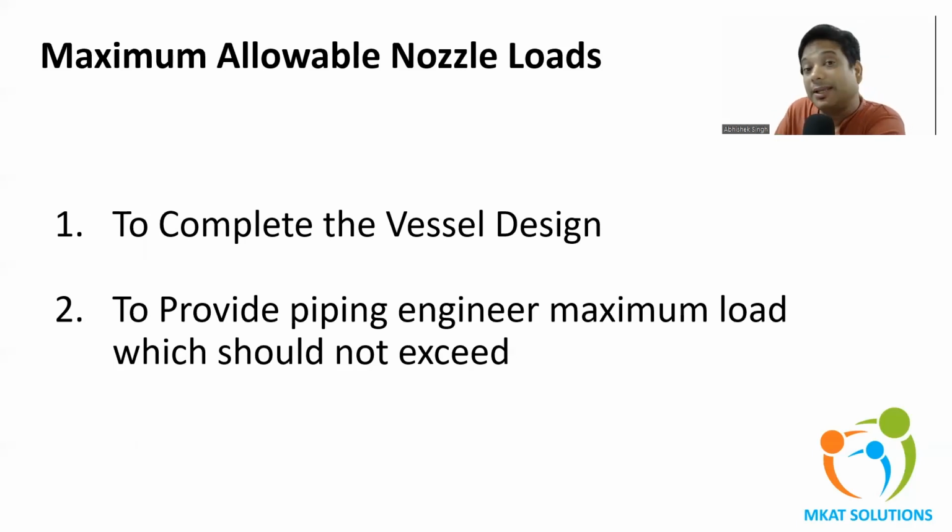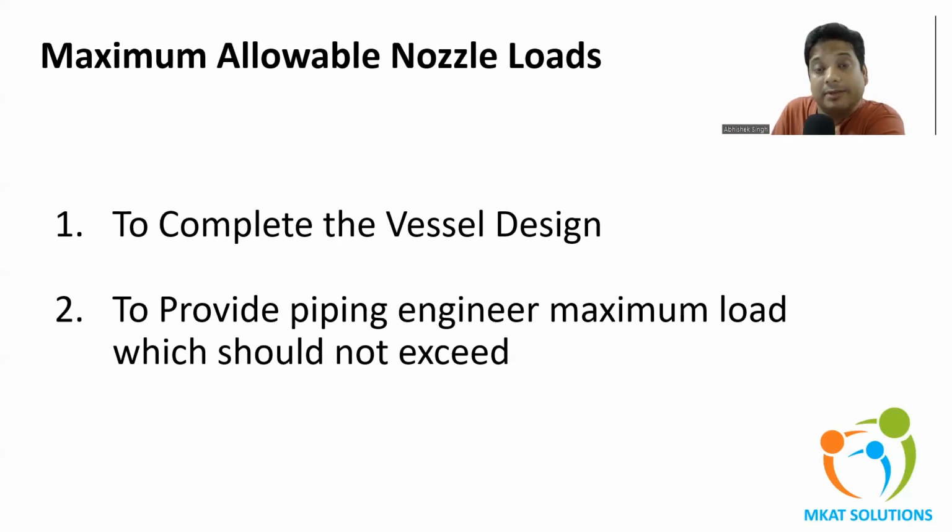Now the question remains: if we have to find the nozzle allowable loads, how can we do that? Typically we get a client specification which will have the maximum allowable nozzle loads already mentioned based on the size of the nozzle and the flange rating. These are the two criteria. Based on that, maximum allowable loads on the nozzle are given in the specification.